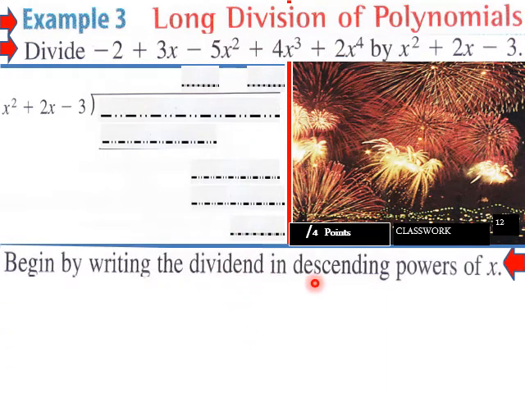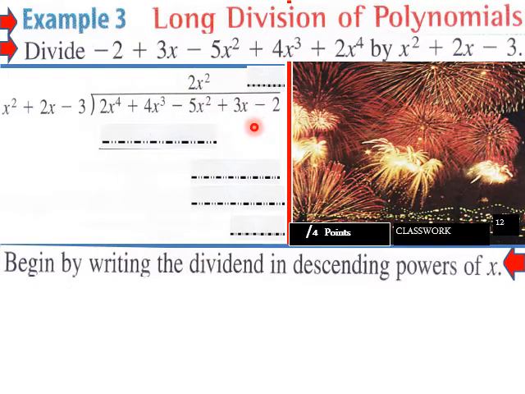Begin by writing the dividend in descending powers of x. So this is what this is. Here's your dividend here in descending powers of x. And then x squared will go into 2x to the fourth 2x squared times. Then we multiply that by our divisor here.